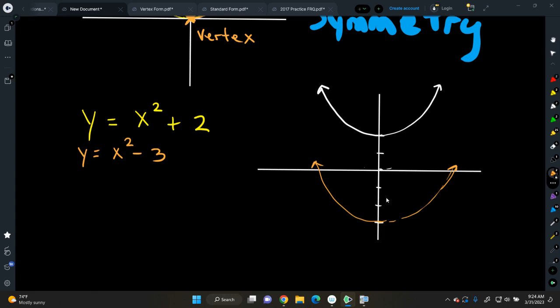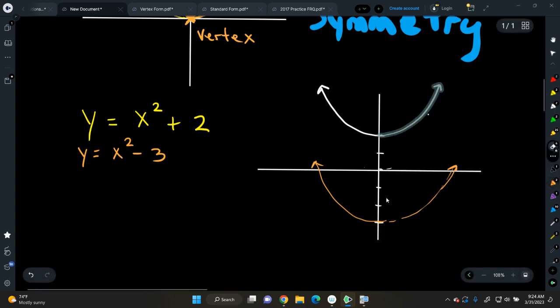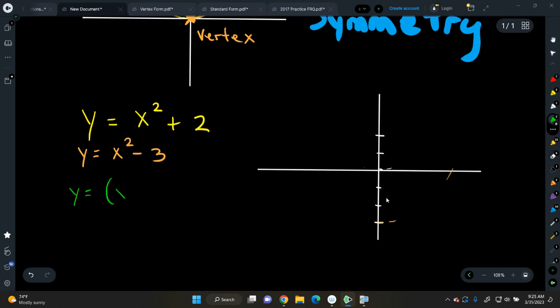Okay. What happens if I do y equals x minus 2 squared like that? Who remembers what happens with that one? Right?